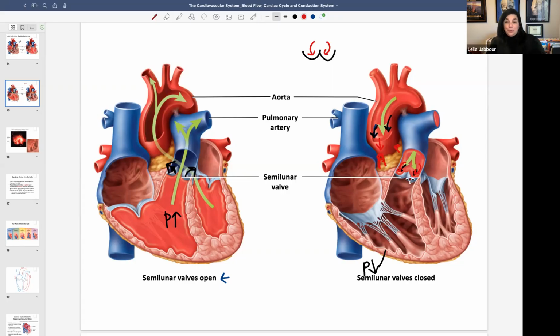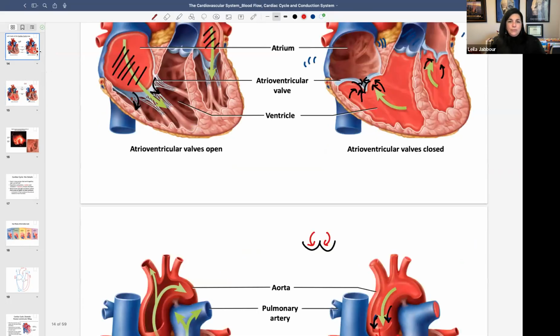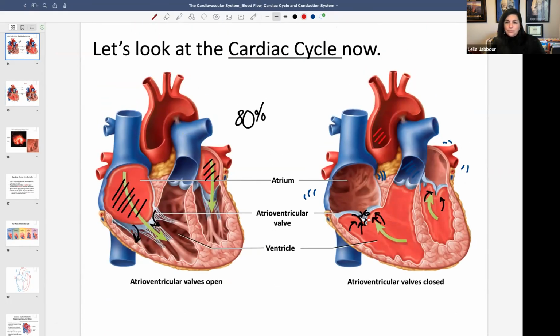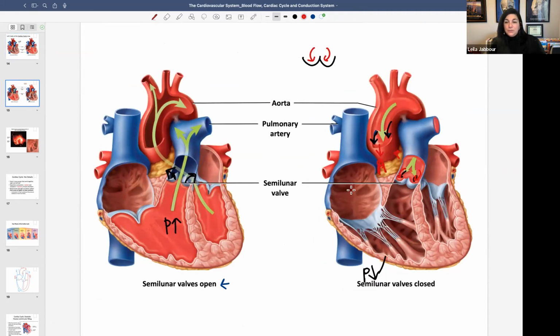Okay, at this point, the semilunar valves are closed, and really the AV valves should be shown closed. Yeah, they really should be shown closed at this point here, especially that there's no blood in this diagram. So at one point here, the semilunar valves are closed, and the AV valves are still closed too. But the ventricles are relaxed.